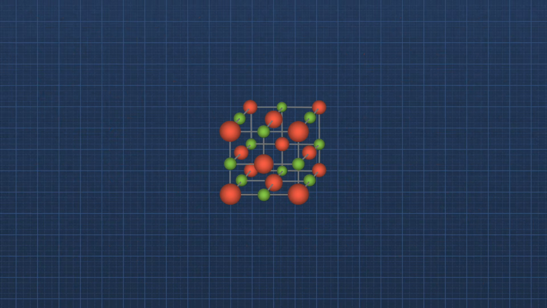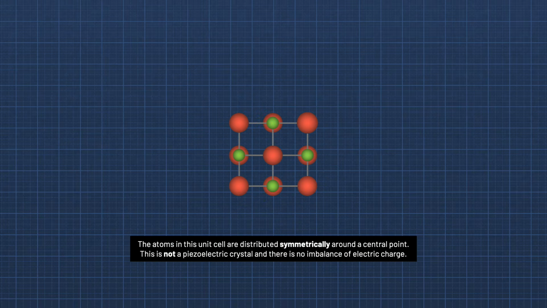Right, so if we take a crystal that is non-piezoelectric, the atoms in this unit cell are going to be distributed symmetrically. And this symmetry is why they do not possess this piezoelectric behavior. Since the atoms in this unit cell are symmetrically distributed, there is no imbalance of charge.